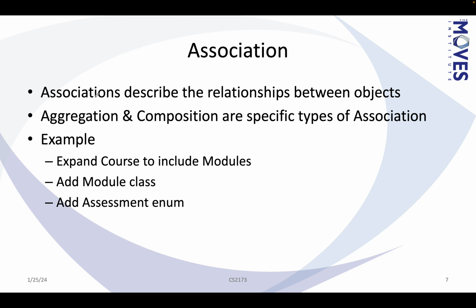Okay, so association is just the relationship between the objects. Aggregation and composition are specific types of association. Starting next week, we're going to be looking at inheritance or subclassing, and that's another way that classes relate to each other.